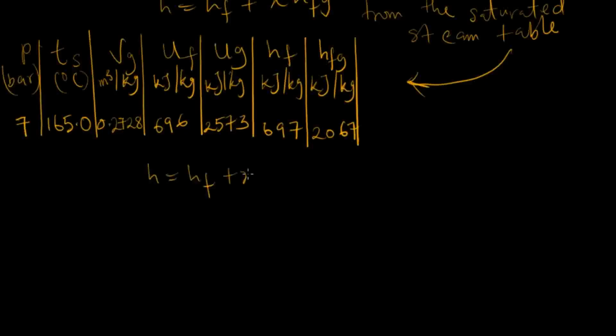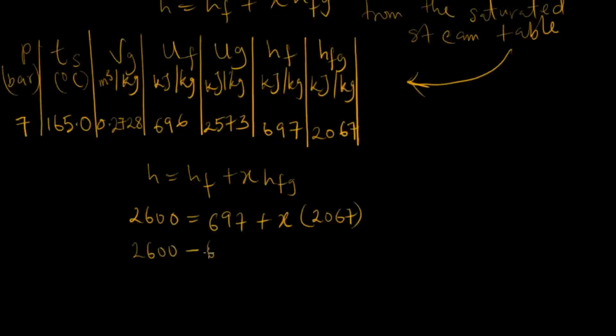HF plus X HFG, and H was given to us as 2600. What is HF? HF is 697 plus, we don't know the dryness fraction, and HFG is 2067. Okay, you do your necessary mathematics.